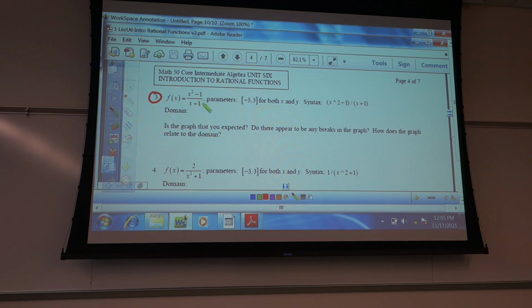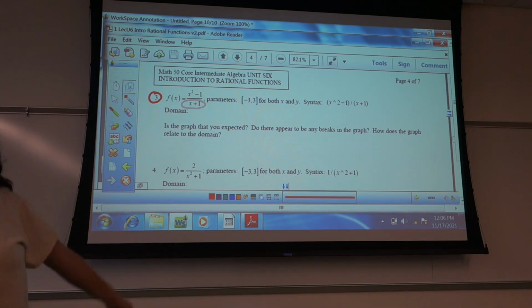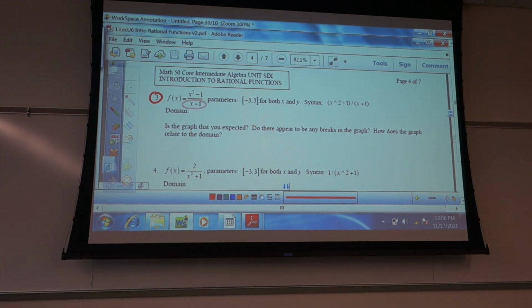Divide by 0. So what would make that 0 on the bottom, if x was what? Negative 1? Okay, let's solve it. X plus 1 can't be 0. Everybody do that. Take whatever's underneath, say it can't equal 0, and then solve for it. Do it for number 4 as well. Do it for both of them, and then we're going to check these out.